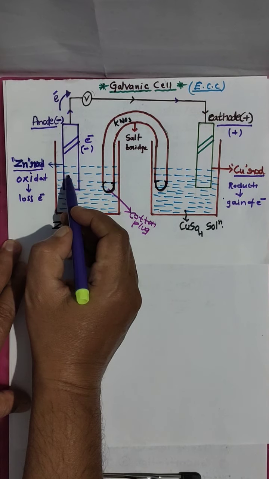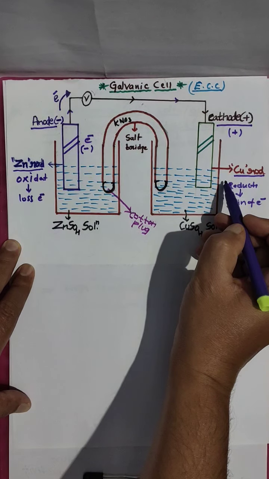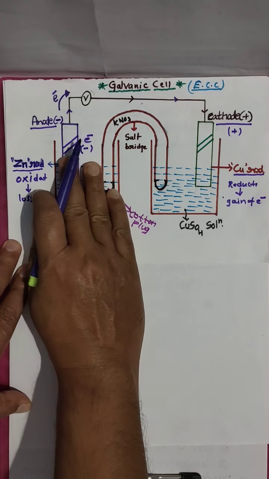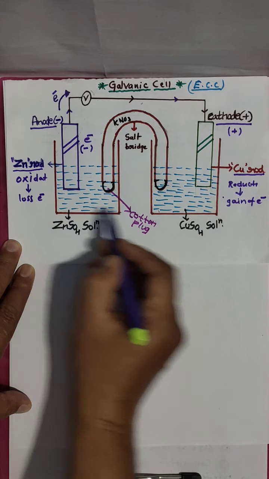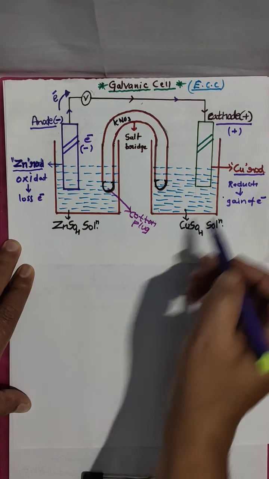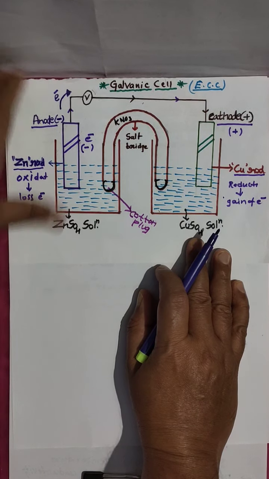Now, the zinc rod is losing electrons and the copper rod is gaining electrons. That's why here is one reaction and here is one reaction. This is one half cell reaction. This is another half cell reaction. That I am explaining here.